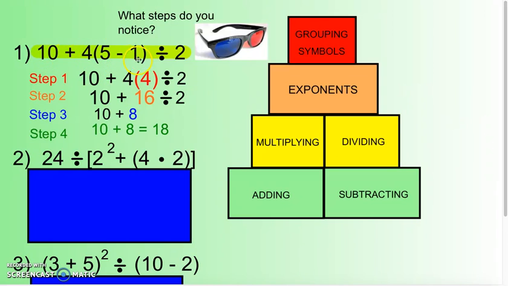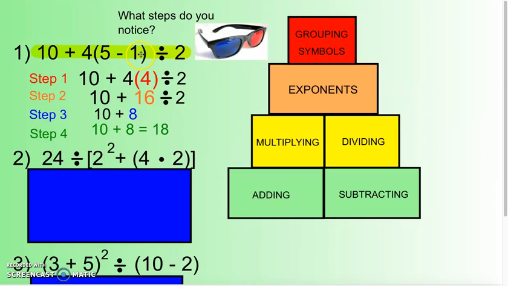So we need to basically go through these steps and we'll do it in order to find the answer, to evaluate it. So let's start off with step number 1, grouping symbols. Are there any grouping symbols? Yes, we have parentheses.